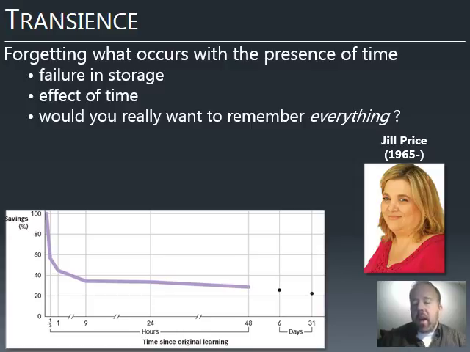And while that sounds like it might be a good ability to have, for Jill Price, it is actually sort of a nuisance. She can't forget anything. She's constantly remembering all sorts of details about her life, and it becomes very intrusive. So remembering everything is not the blessing it might initially sound like.